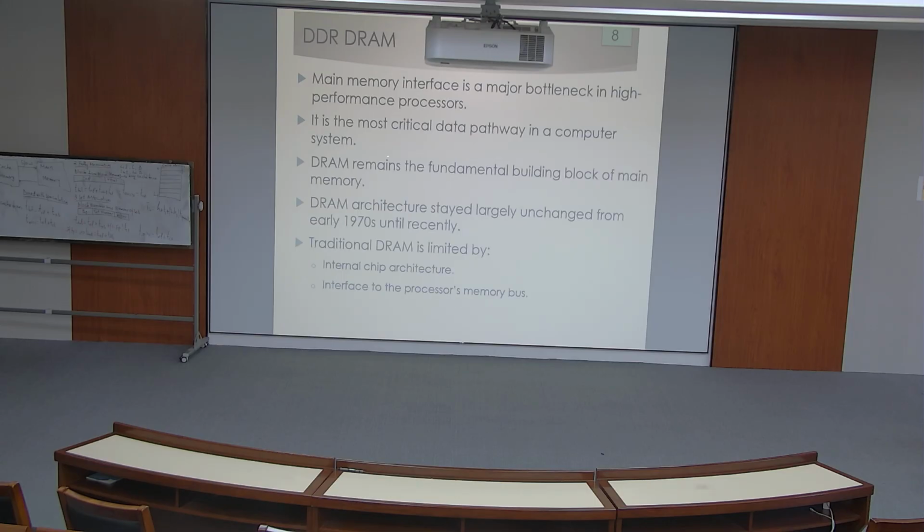So we have the DRAM memory, which is the fundamental building block of the main memory. It has been used in computer systems since the 1970s, and it has the following limitations. Traditional DRAMs are limited by their internal chip architecture, and another limitation is the interface to the processor, its memory bus system, which is very slow.